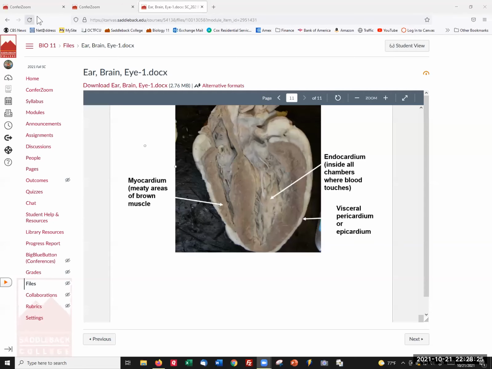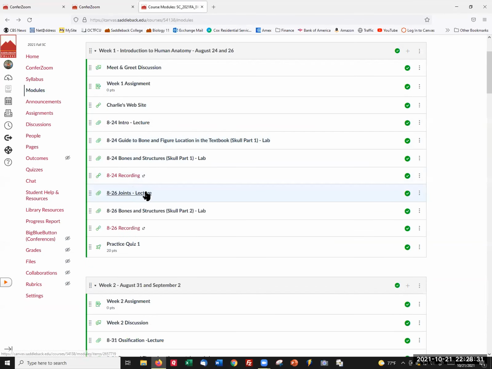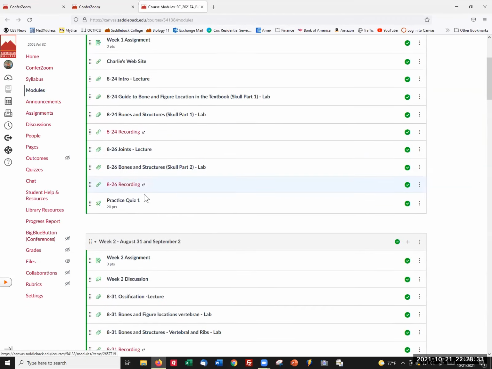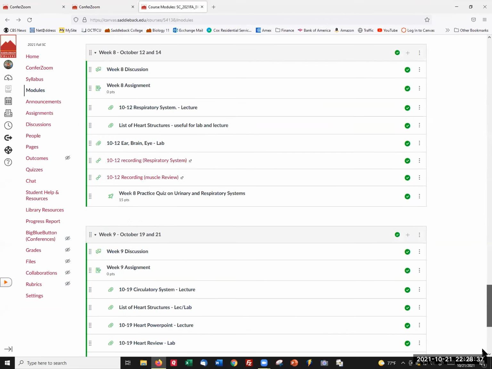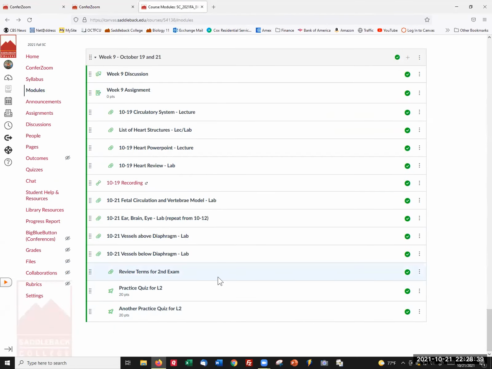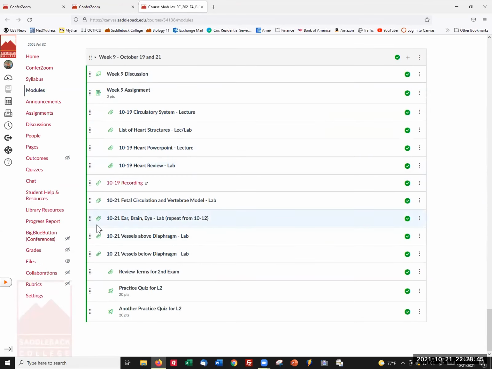Okay, we were just there. That material was for P3, which is going to be the 9th. Okay, we're going to look at vessels. We're going to look at vessels on human models.